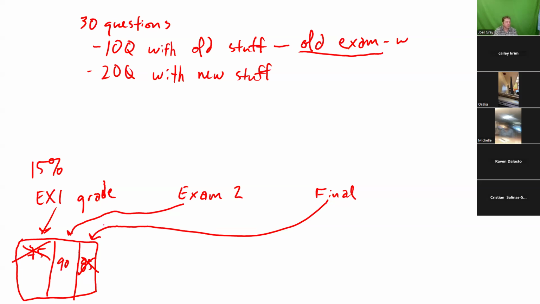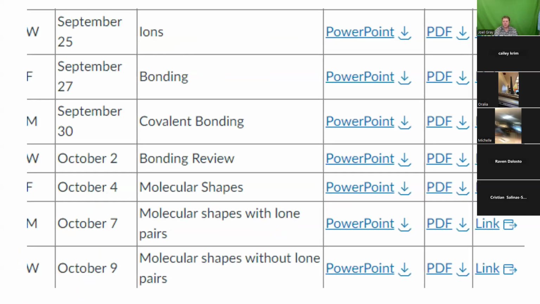Okay, that brings us to the next 20 questions. How are we going to divide that up? Just as a refresher and a review of what we've gone over since our last exam, and to give you a sense of what you have at your disposal: we talked about ions, common ions, and then different types of bonding.